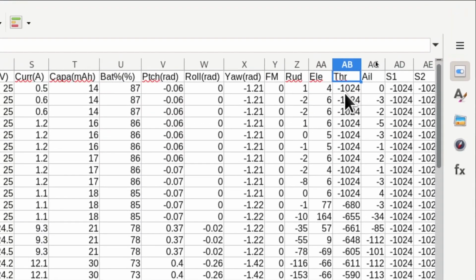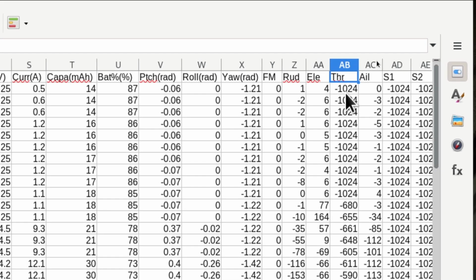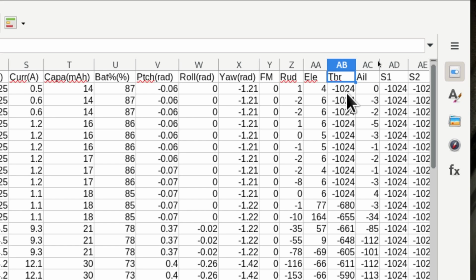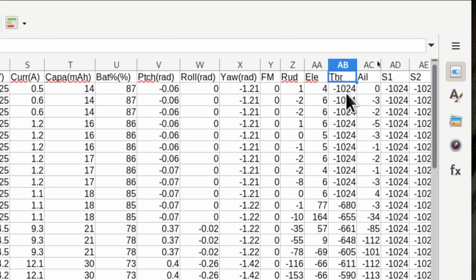Oh, by the way, what does negative 1024 mean? It means that the throttle is at zero position. I'm not sure why it's showing 1024, but it's supposed to be 1000, all right? It's beyond, like below zero.